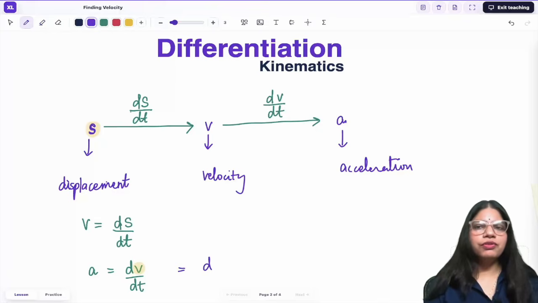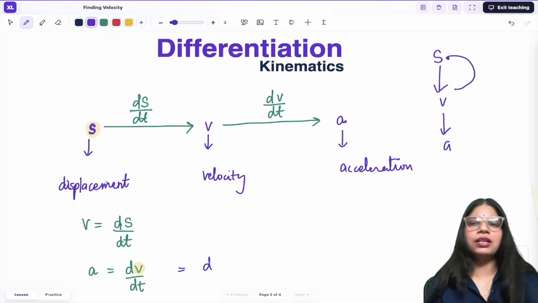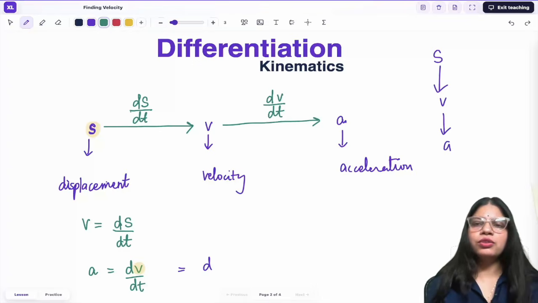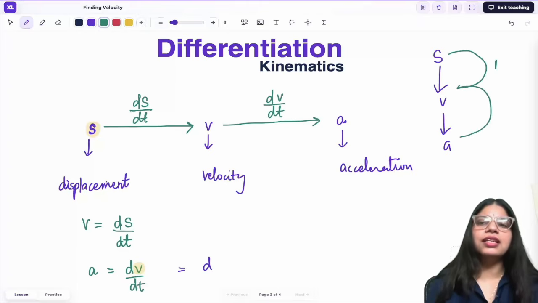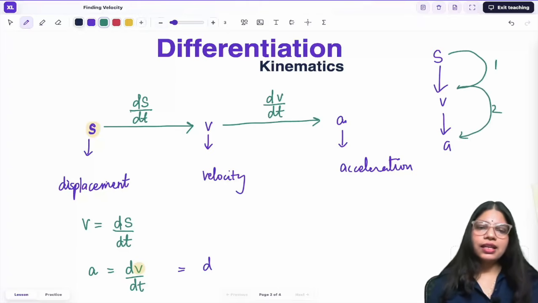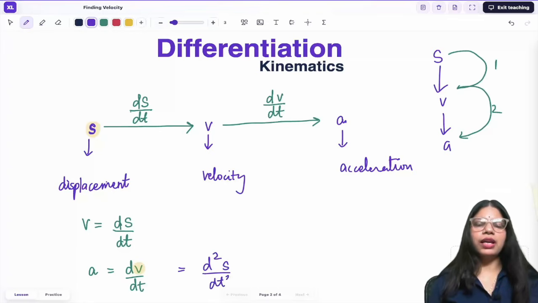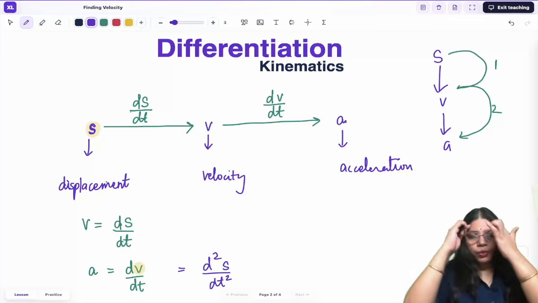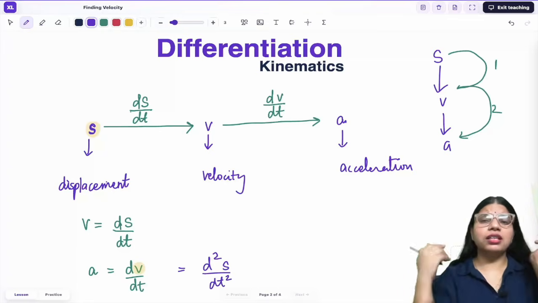When you differentiate S, you get V, and when you differentiate V, you get A. So from S to V is the first derivative, and from V to A is the second derivative, isn't it? So sometimes we write it like d2s over dt2. That is the second derivative of displacement. Whatever you understand, it's just the representation.